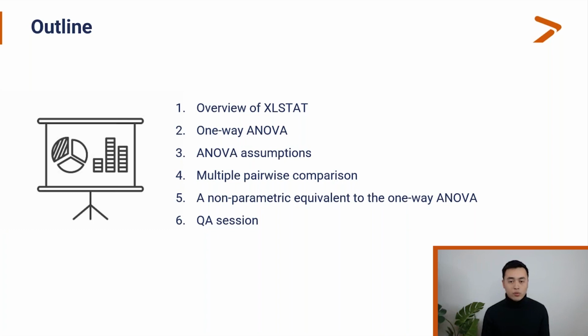There are a few of them that you need to check in order to make sure that the ANOVA you're making is interpretable. Then we'll see the multiple pairwise comparison procedure and the non-parametric equivalent to the one-way ANOVA. We'll finish with a quick Q&A session where I'll be answering all your questions, and that's it. So let's jump into it.